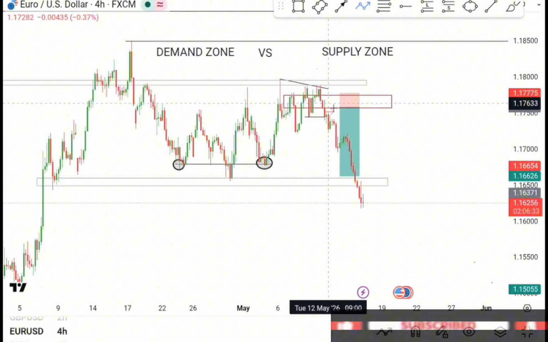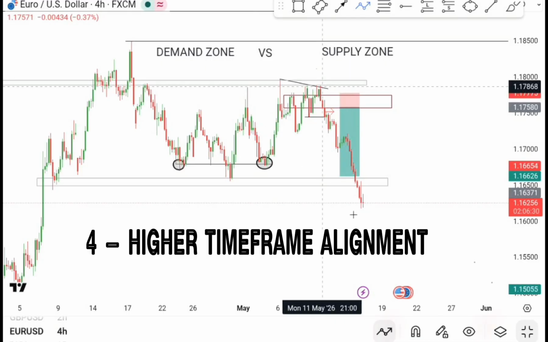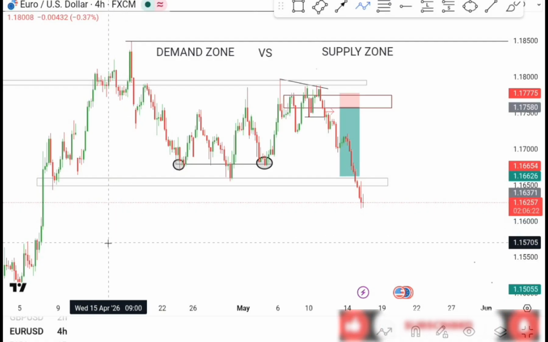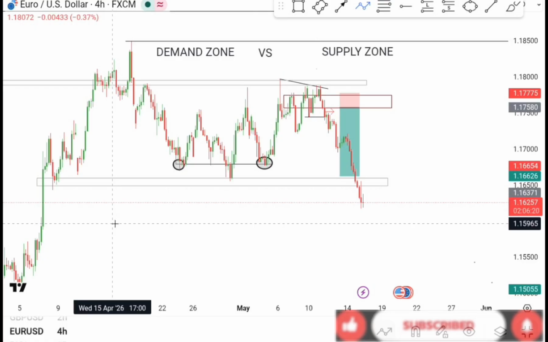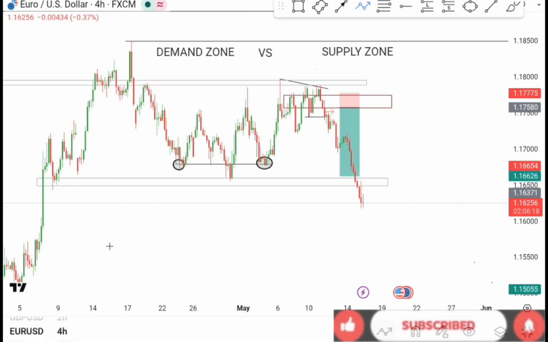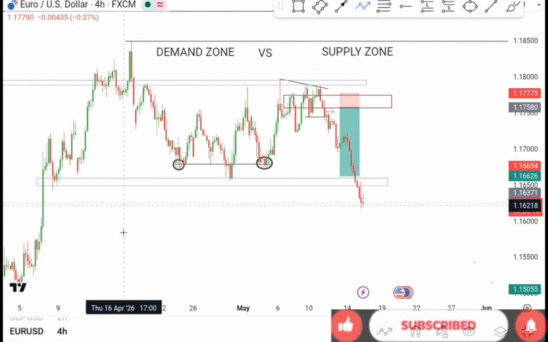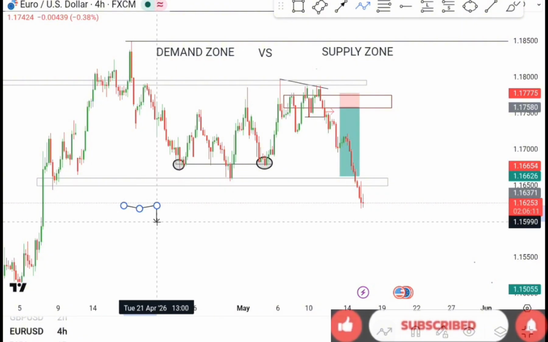Number four, the higher time frame alignment. A supply or demand zone on the daily chart is significantly more powerful than one on the 15 minutes. If you see a supply zone on the daily time frame, always be reassured it is a powerful setup for you.